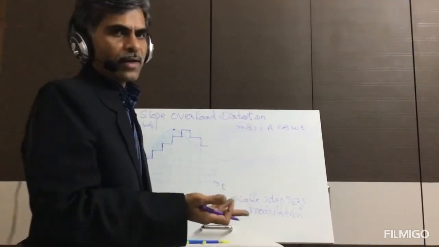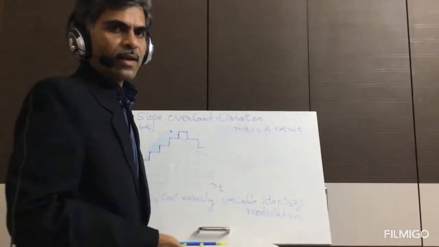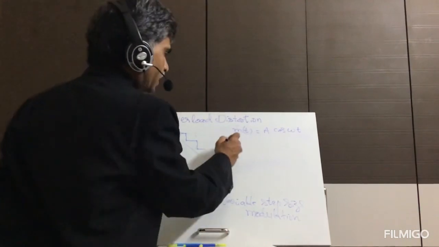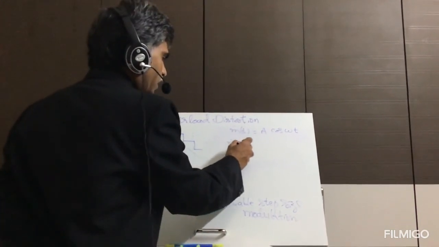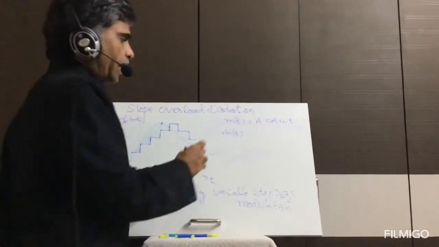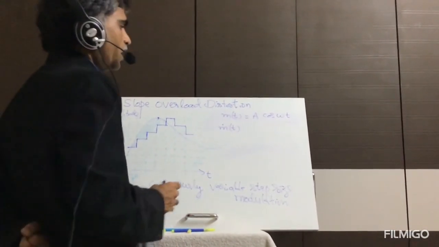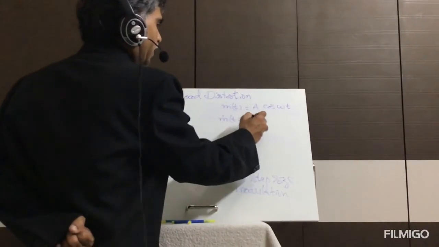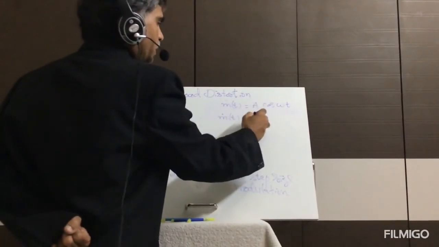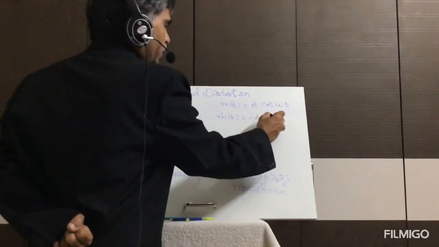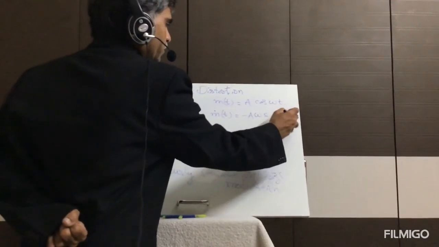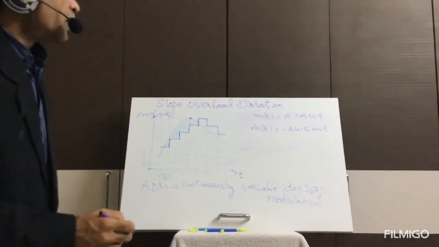That delta modulator output is the signal which is going to be transmitted across the channel. So let us indicate the output of the delta modulator as m dot of t, the differentiated version of the input signal, and the differentiation of this one is minus A omega into sine omega t. This is the differentiated signal.